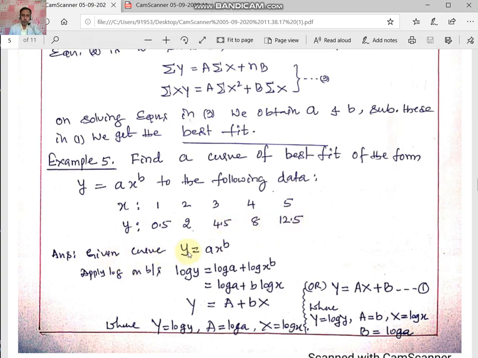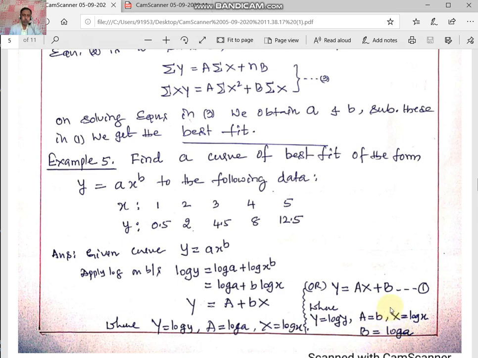So now the given curve is y = a x^b, and applying log on both sides, log y = log a + log x^b, that is log a + b log x, or it can be written as capital Y = A x + B, where capital A is small b, capital X = log x, capital Y = log y, and capital B = log a.